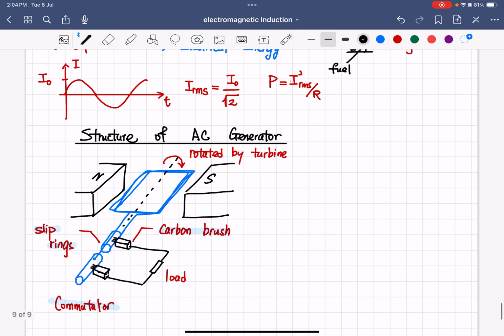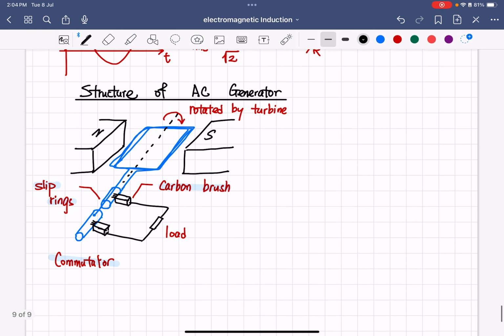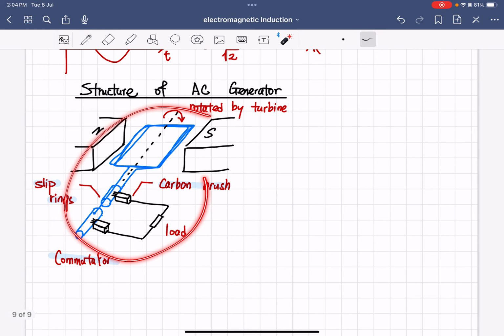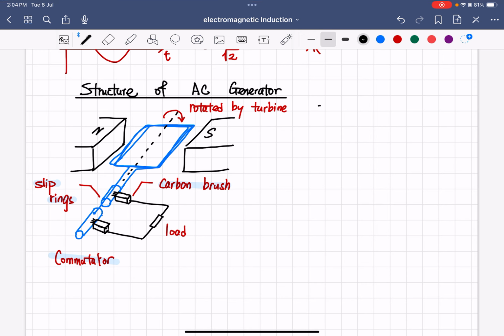Okay. Now, first of all, you will find out that this setup is very similar to the DC motor. But they are not the same. First of all, the most obvious part is that a DC motor is driven by a dry cell, a DC power source. So in a DC motor, this part is connected to a cell.